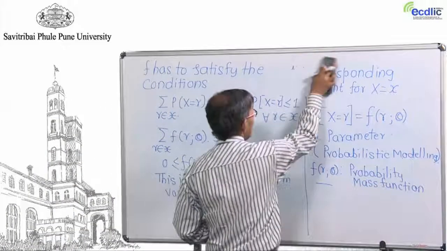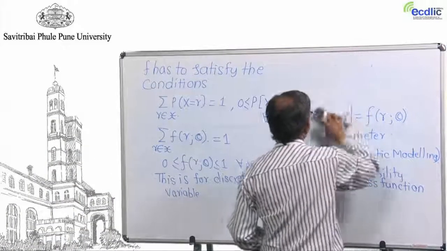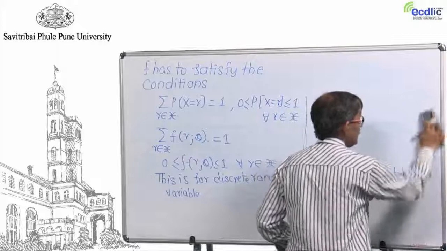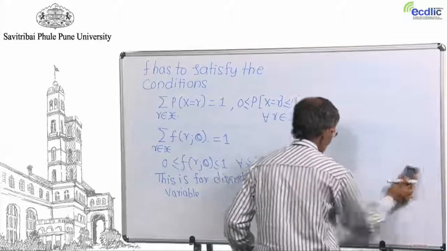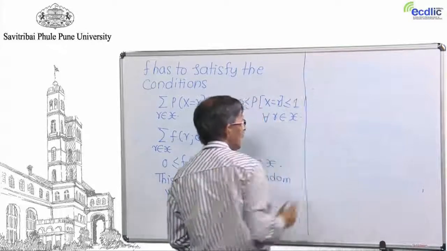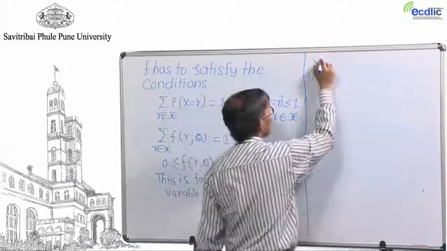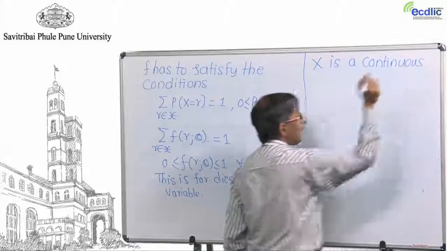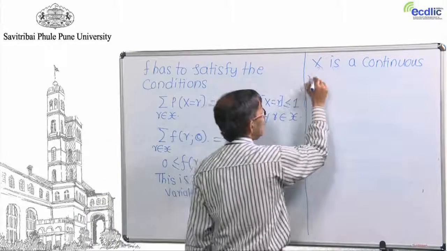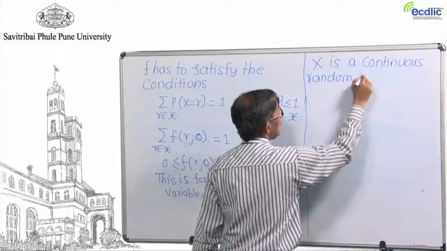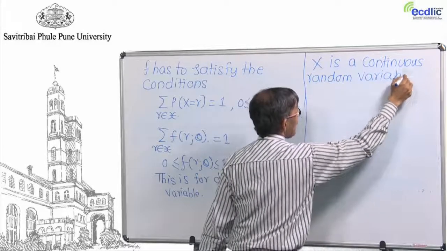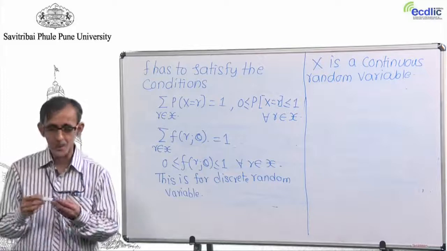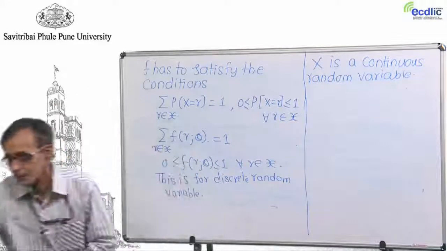Now, if I have x to be continuous, here what we have is not the probability x is equal to a value, but what we are interested in is the probability that x will lie between a certain interval.